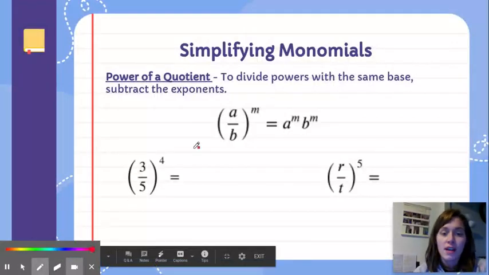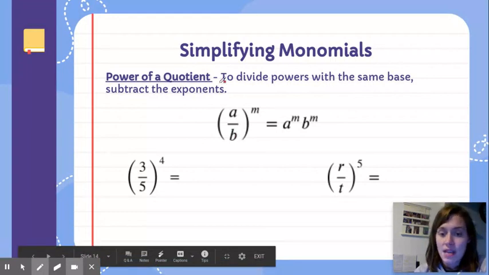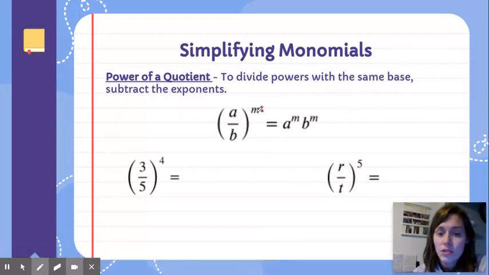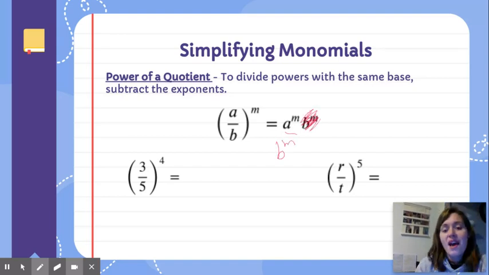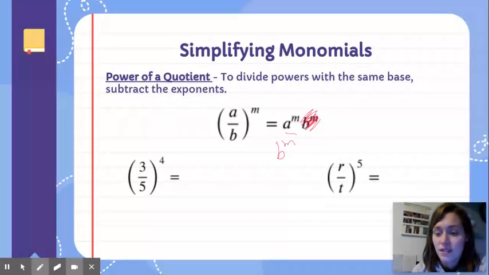So if I have a divided by b all to the m power, we're just going to distribute the m so that it should be a to the m divided by b to the m. I mistyped that, so we'll fix that. So a to the m divided by b to the m. We just distribute the m to each term. Make sure you fix that in your notes too so you don't get confused.